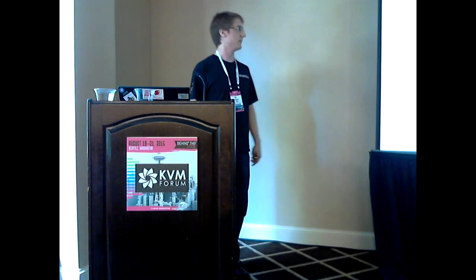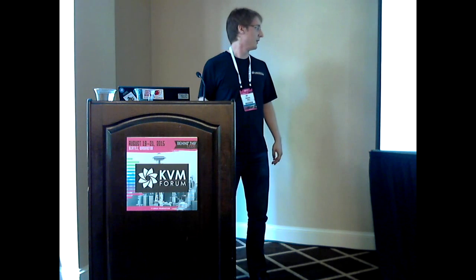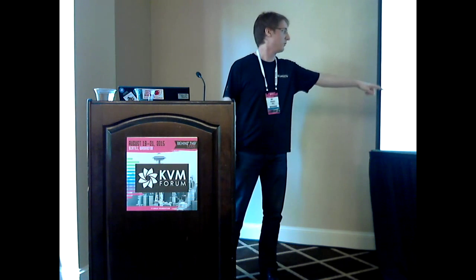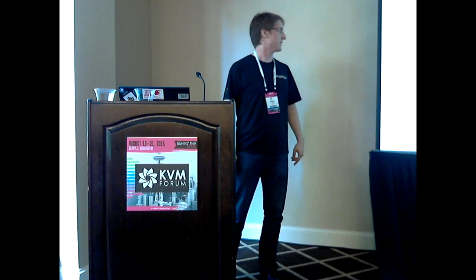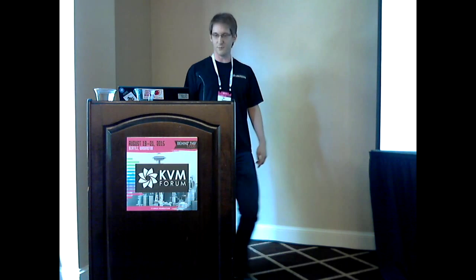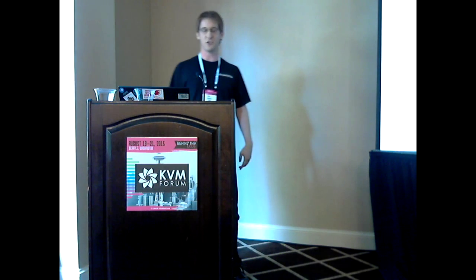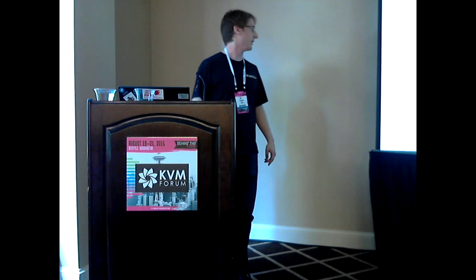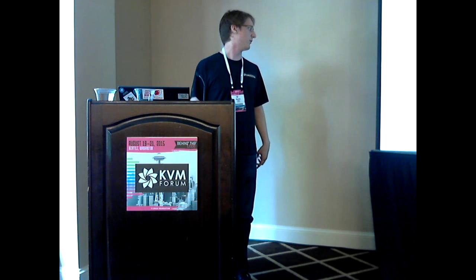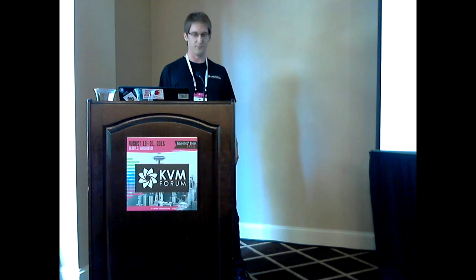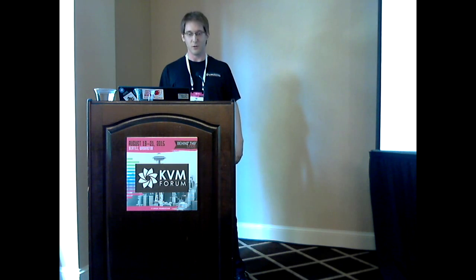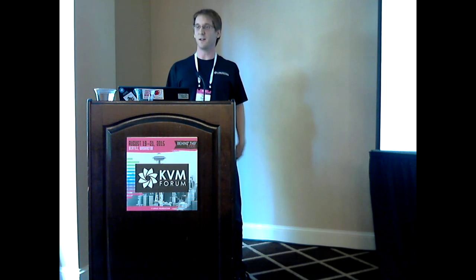So in QEMU git master, that's this small blue thing. It's much worse than raw. If we use the data cache, we get much higher, like factor 4 or 5, even higher than raw.